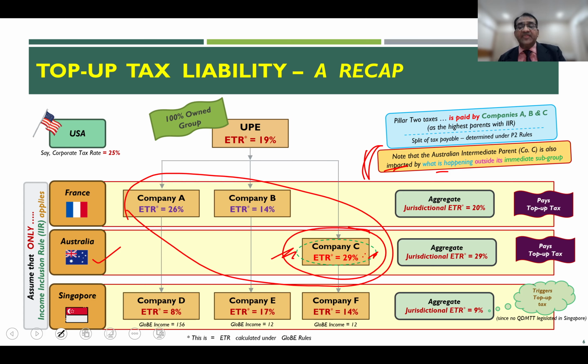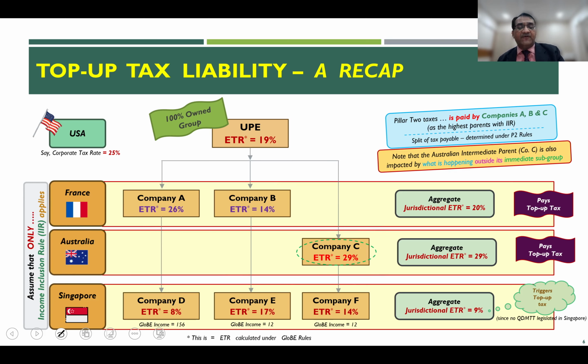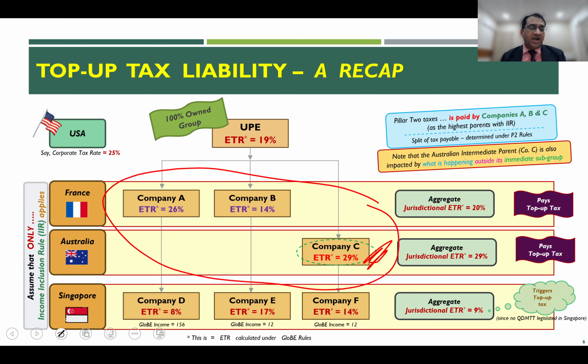Therefore, there may be circumstances in which even if your ETR is more than 15%, you may still be impacted by the Pillar 2 rules and may be required to pay taxes. Situations like this will give you an answer. And therefore, it is very important that each entity in the group very closely look at the developments which are happening in the entire group.